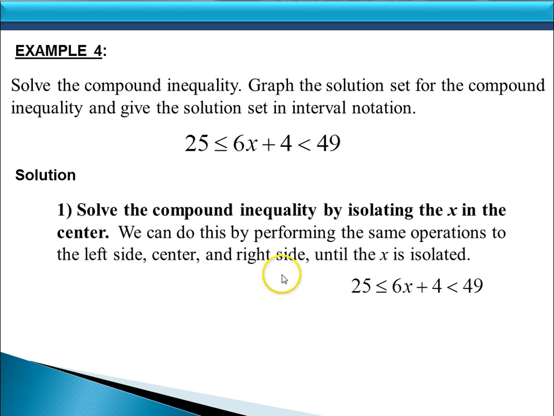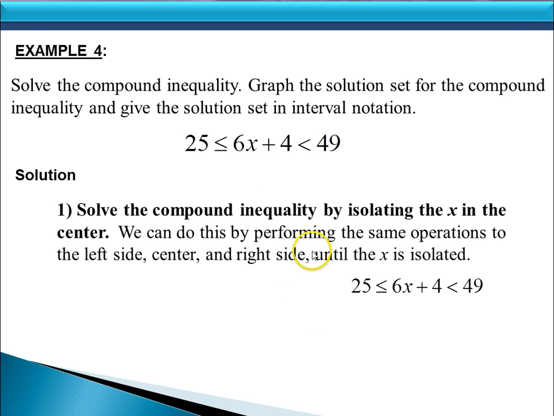What we do is we want to isolate the x in the center. Usually we're isolating a variable on the left or right of an equal sign or less than or equal to sign or greater than sign. However, here we have two inequality signs. So what we want to do here is isolate x in the center.